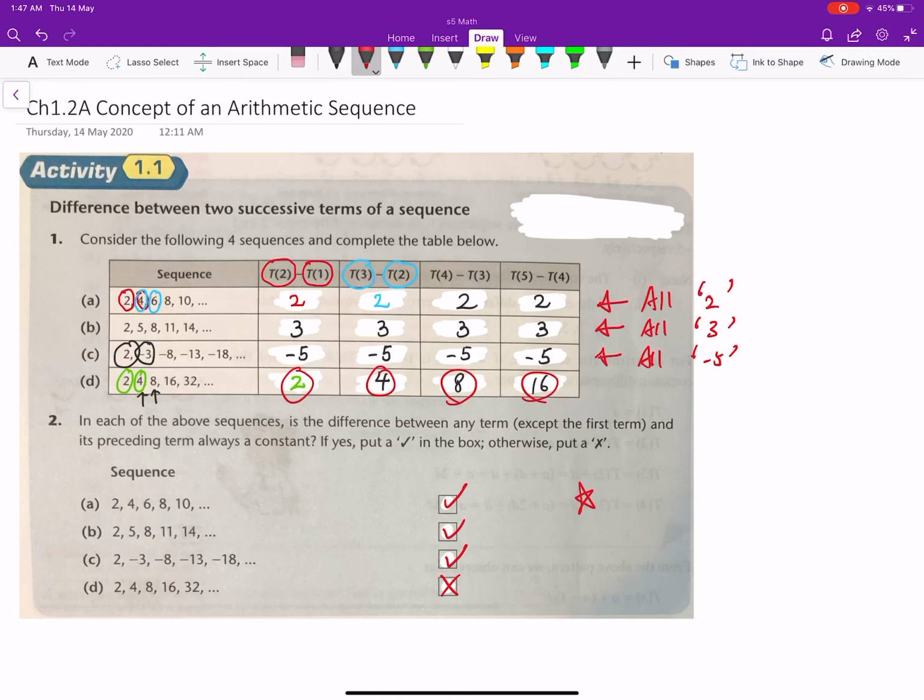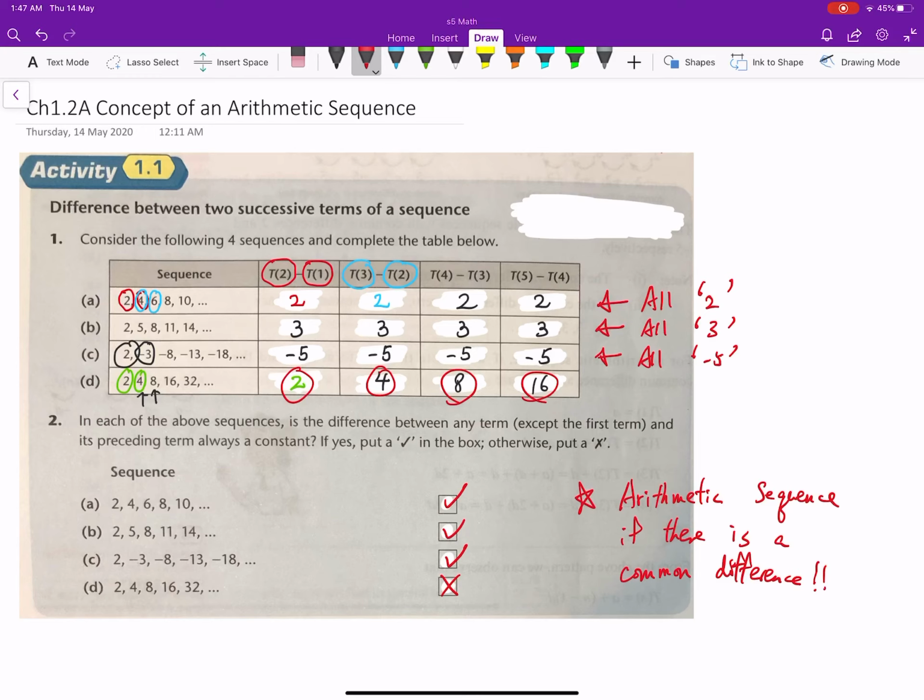So actually, an arithmetic sequence is one that has what we call a common difference. It means the difference between successive terms is always the same.